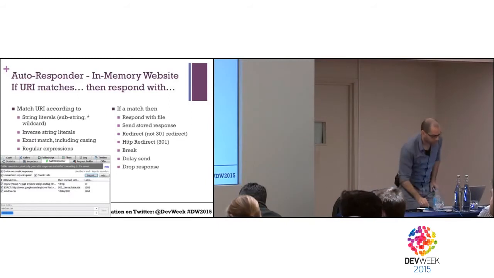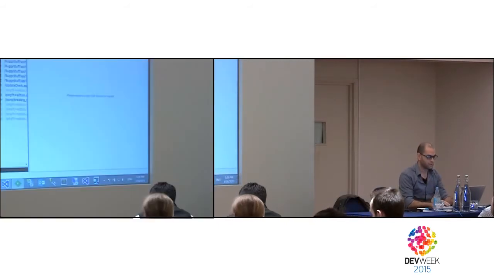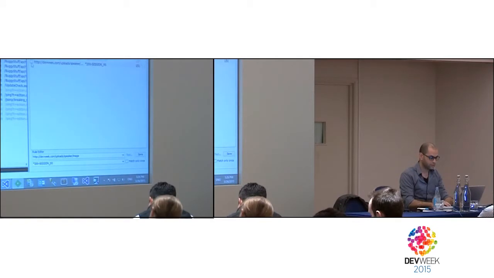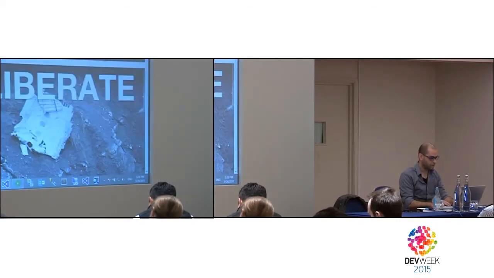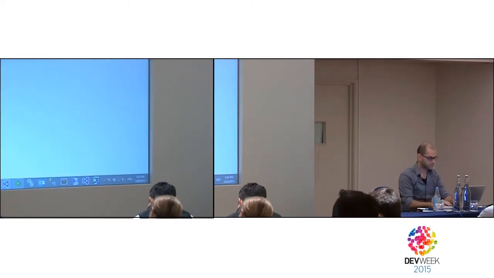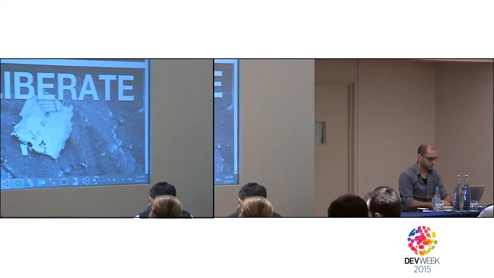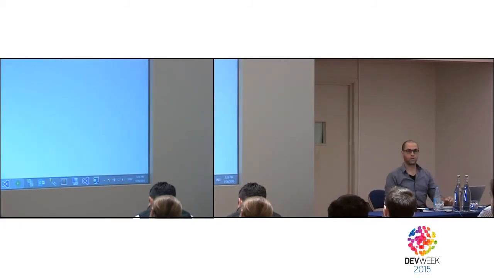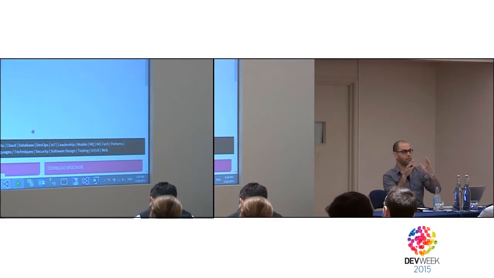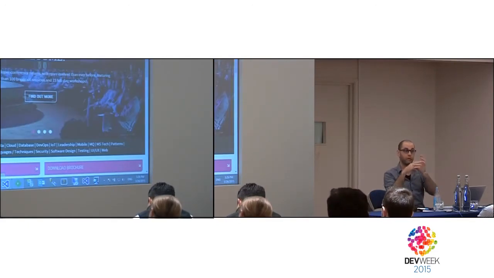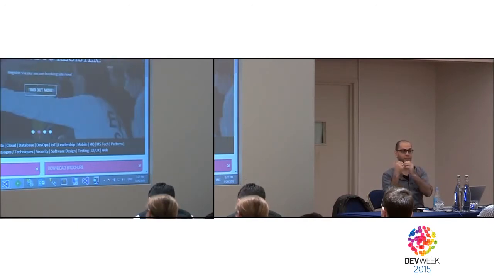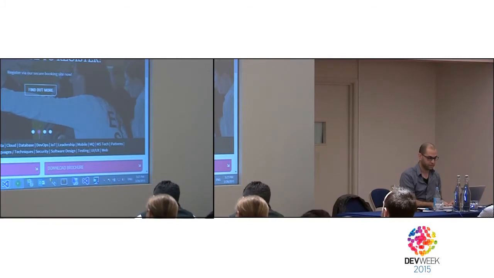Let me show you an example of that. Let me turn on a response that I have here, and let's browse DevWeek again. I recorded all the requests coming in and going out for getting images of speakers, and I asked Fiddler to return a specific image instead of the image it's going to get from the server.